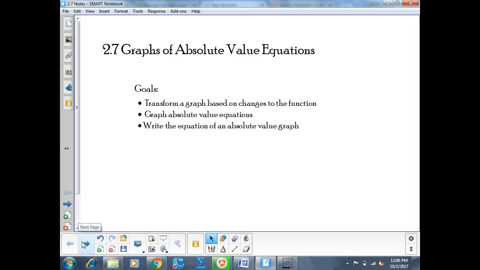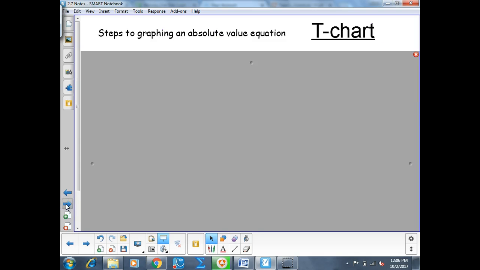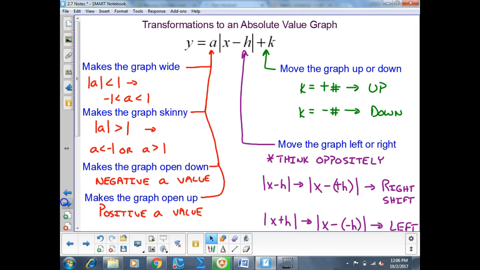So last week Thursday we were talking about graphing absolute value equations. And the way that we went about doing them is we graphed them either via a t-chart, which we thought was the long method, or we used the standard form of an absolute value equation, and we had all of this wonderful stuff that we can get out of the standard form of an absolute value graph.